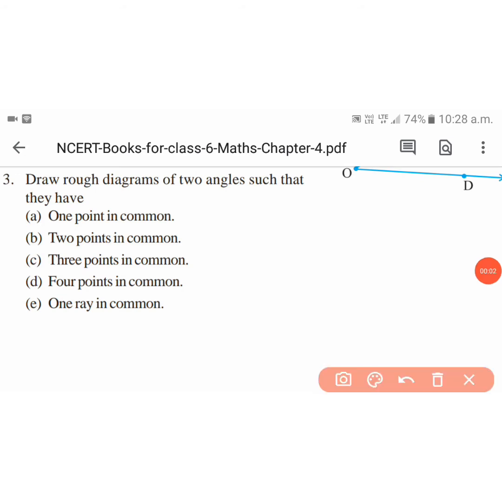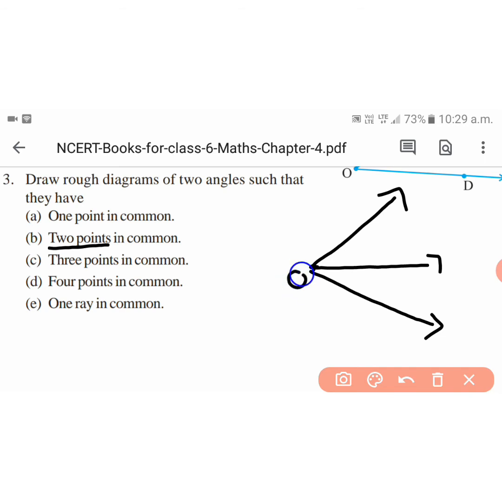B part. 2 points in common. So, draw a rough diagram. So it's O and 2 points common. OA, this is one angle and this is one angle.